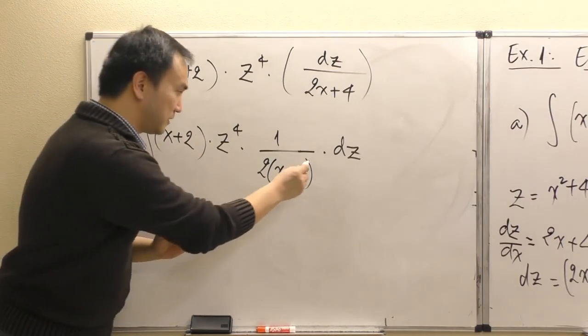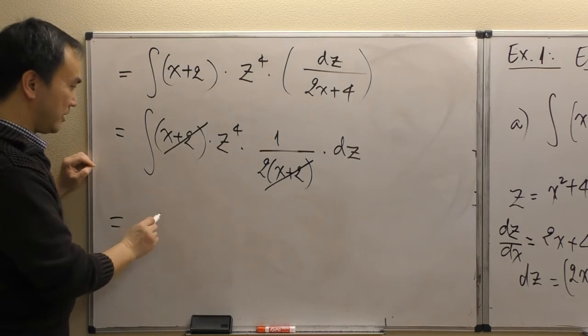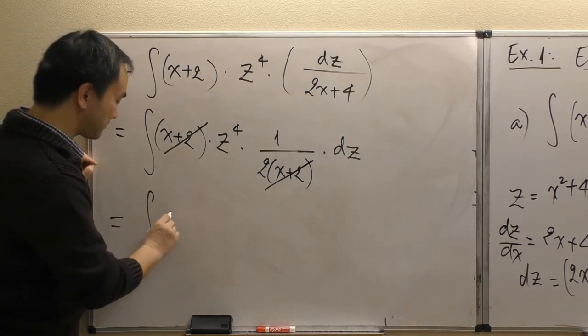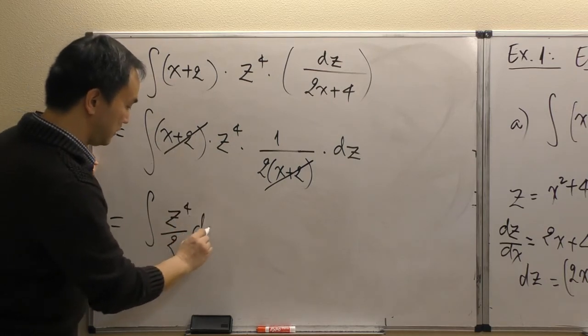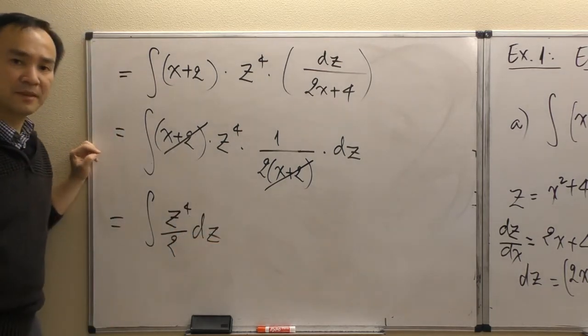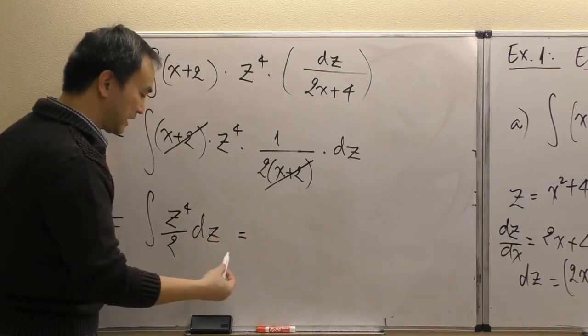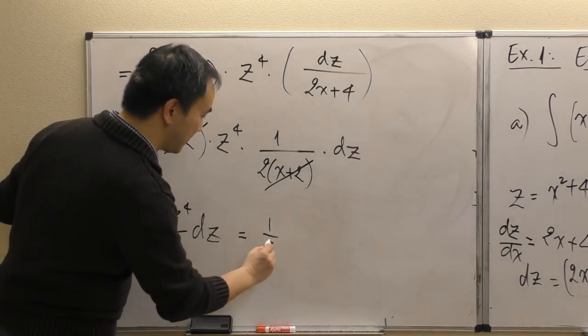And so after doing this, here's what's going to happen. We reduce down to the integral of z to the 4th over 2 dz. Okay, and then many textbook authors and professors teach students to write it as a 1/2. I can do that too.